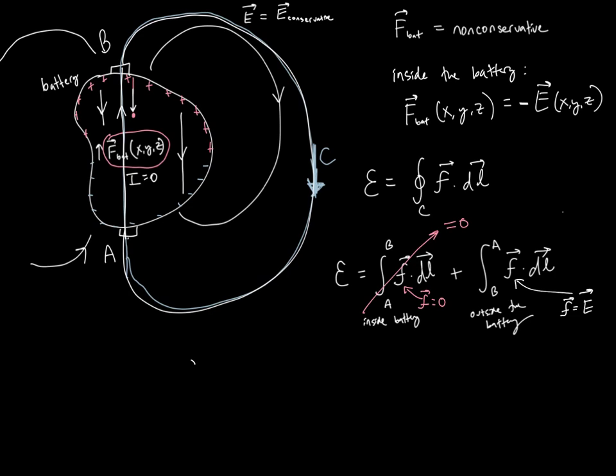So now we're left with EMF equal to the integral from B to A of E dot dl, and this line integral is taken outside the battery.